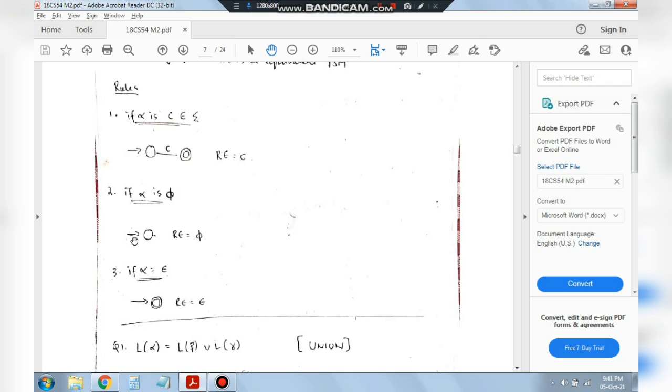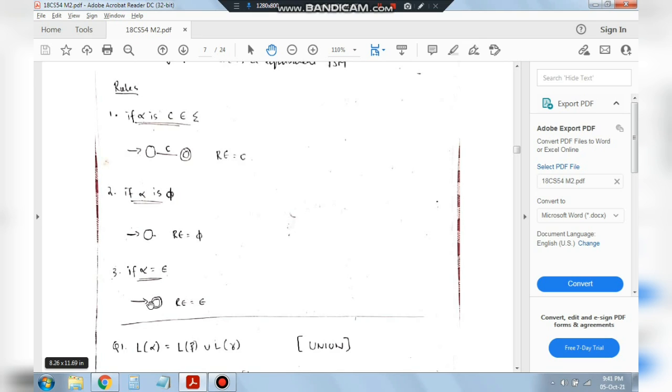And if alpha is equal to epsilon, that means the starting and the ending state are the same. So we are able to travel from the starting to the ending state without passing through any other expression, right? Epsilon means empty string, so we are traversing from starting to ending point via empty string.